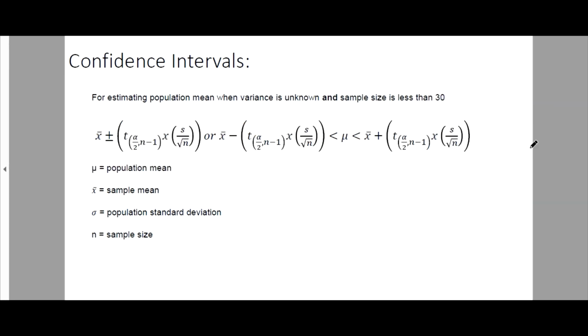Okay, next, for estimating population mean when the population variance is unknown, and take note, and the sample size is less than 30, then we will use the t distribution. Take note of this, this is t. Take note also of the and, meaning both of them must be satisfied.